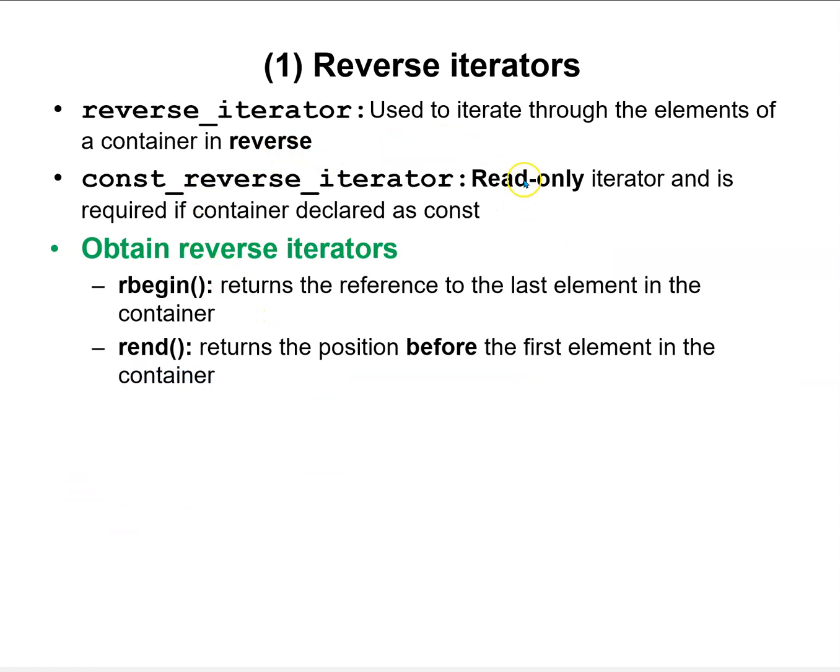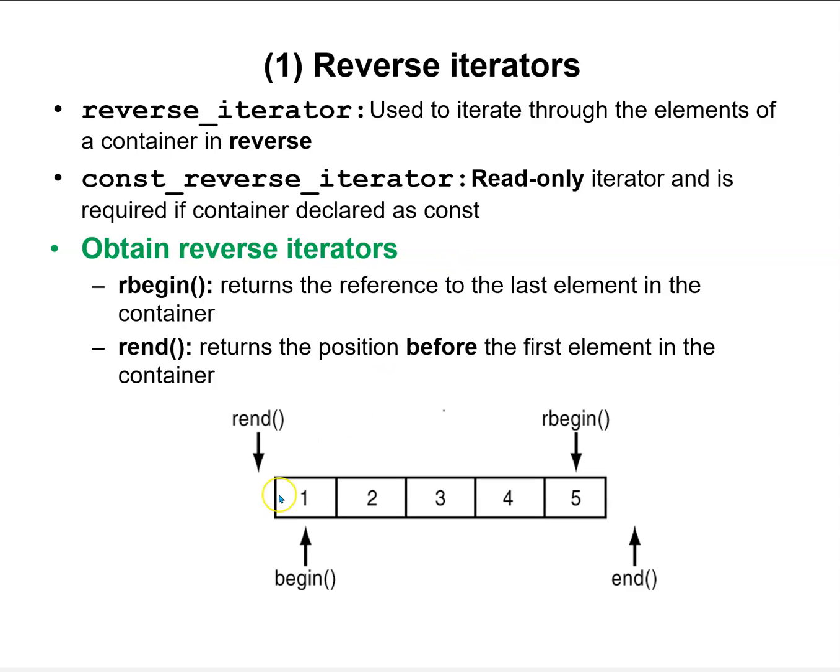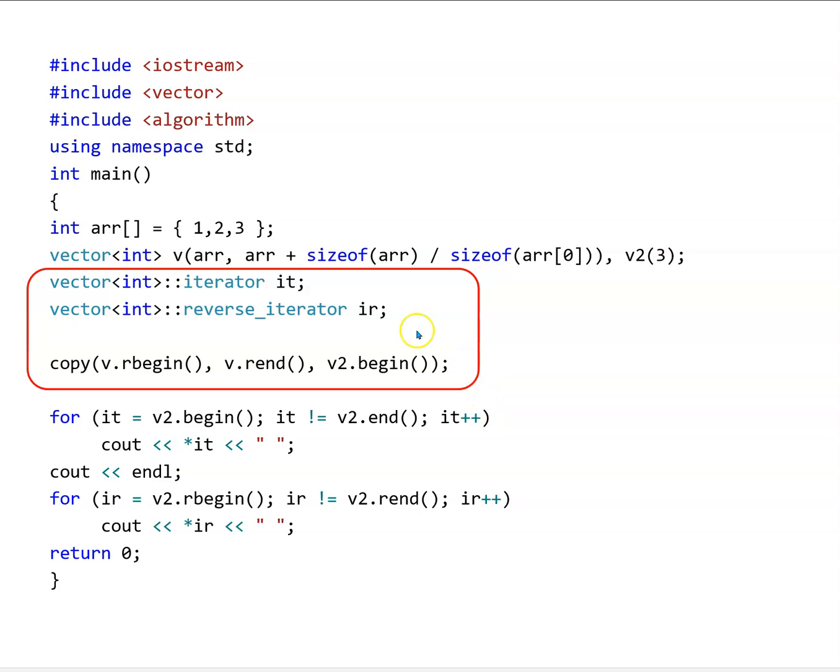Reverse iterator is used to iterate through the elements of a container in reverse. Const reverse iterator is read-only, and to obtain a reverse iterator, we use rbegin and rend. Unlike begin and end, rend is the reference to the position before the first element, and rbegin is the reference to the last element, just like how begin and end work, but in reverse.